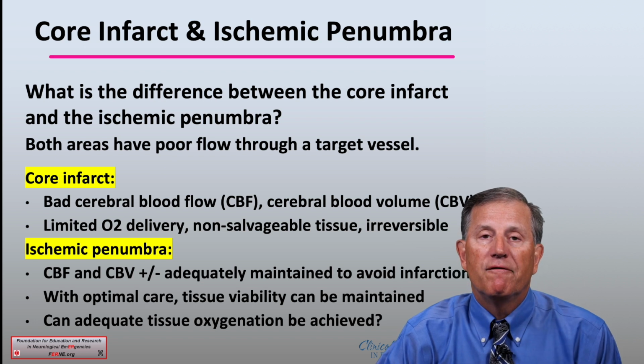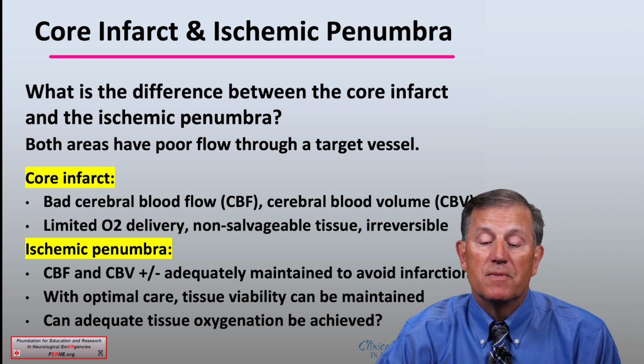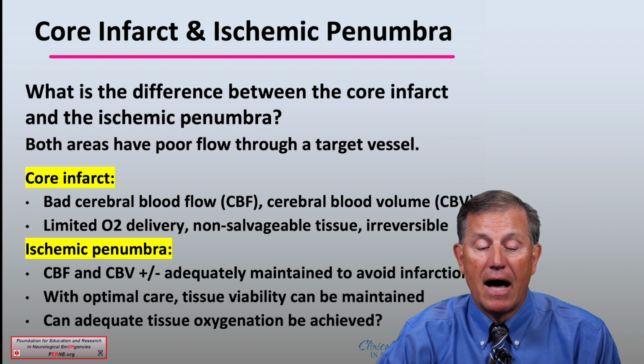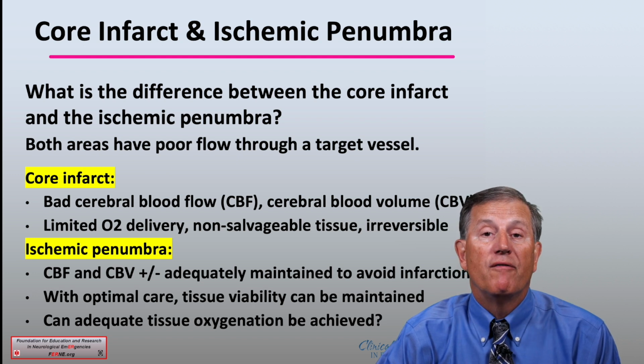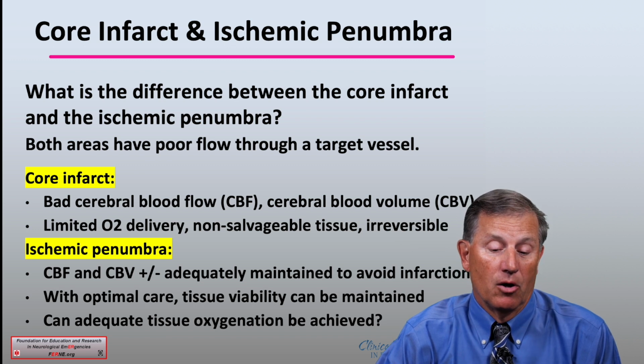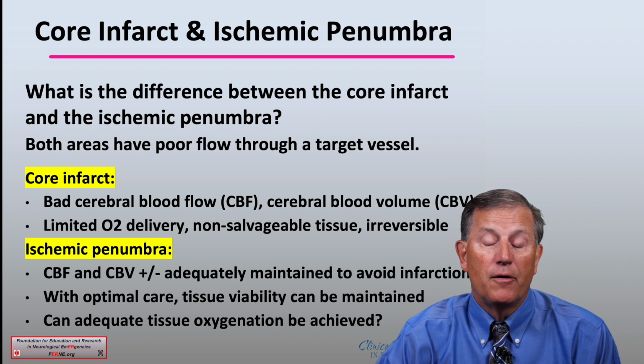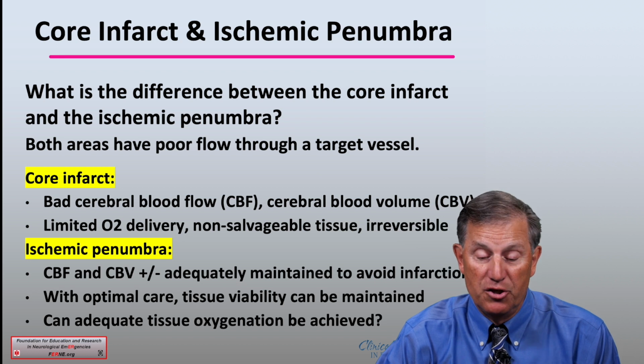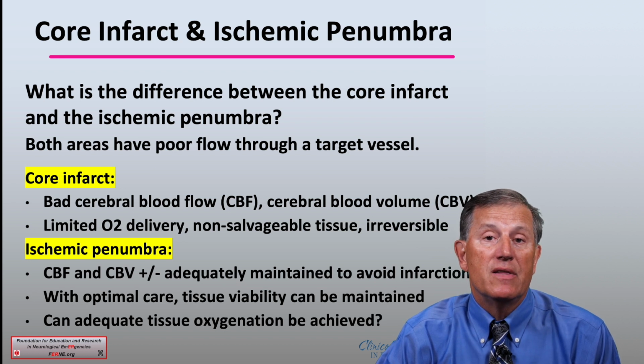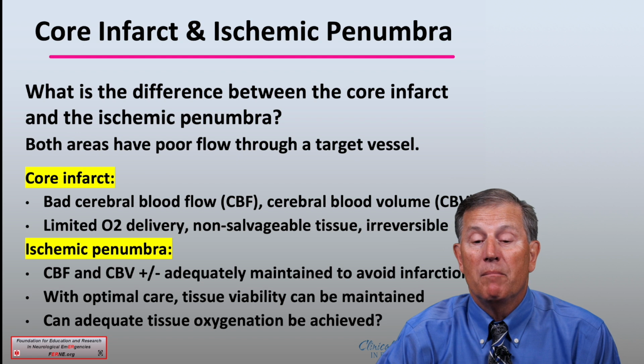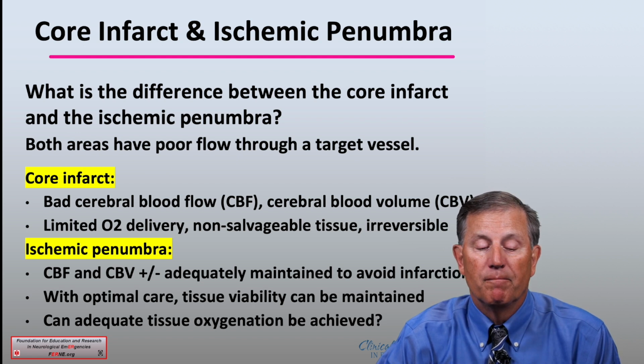The core infarct has bad cerebral blood flow and a bad cerebral blood volume. This means that with poor flow and poor volume of blood, there is limited oxygen delivery via hemoglobin. There is non-salvageable tissue, and the changes in this area over time become irreversible, and this core infarct is permanent.